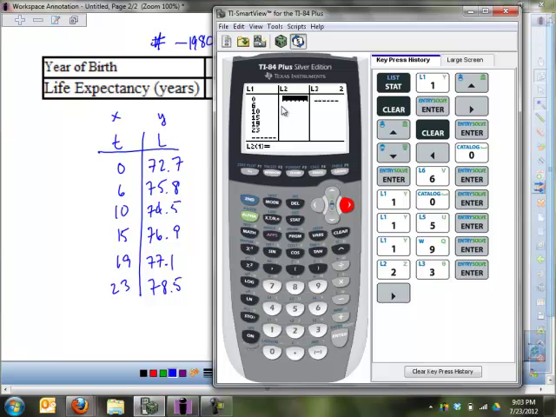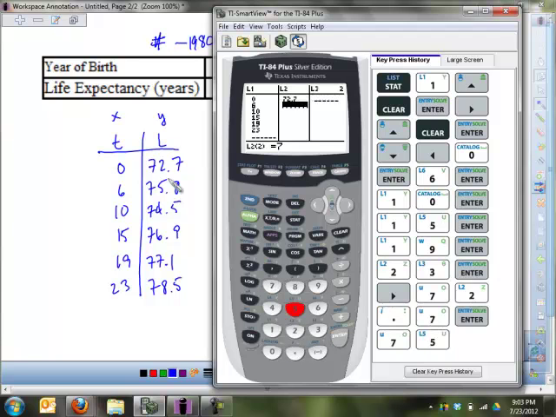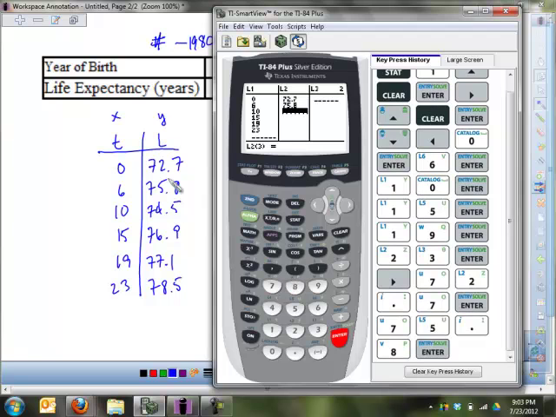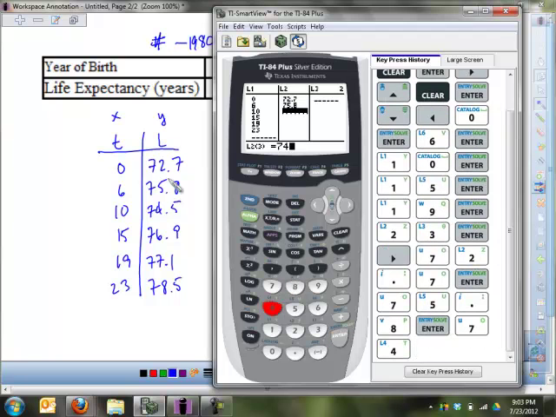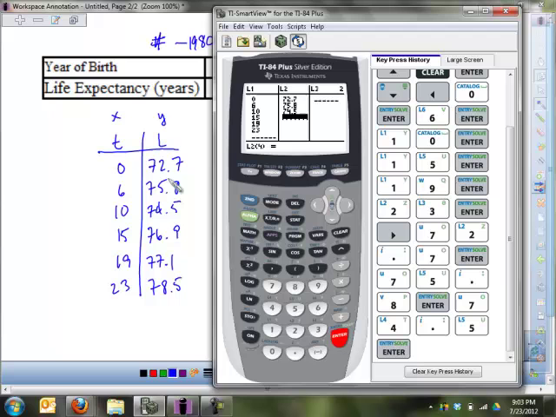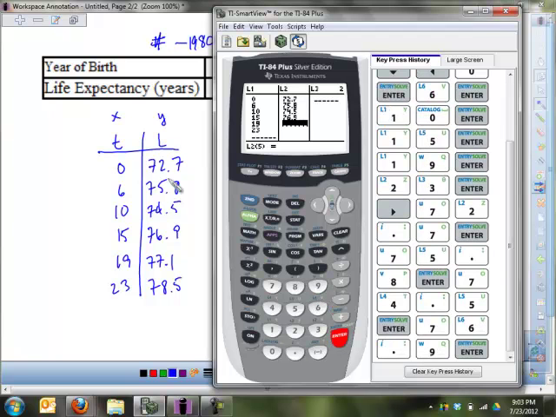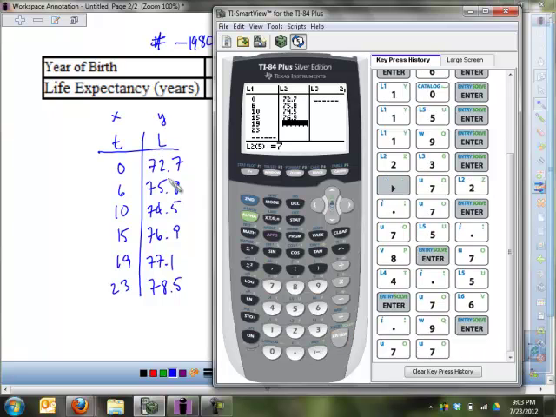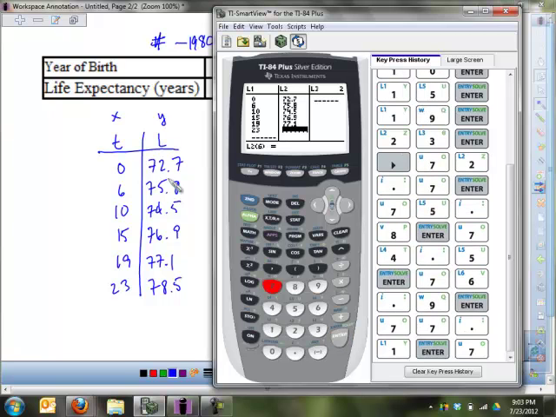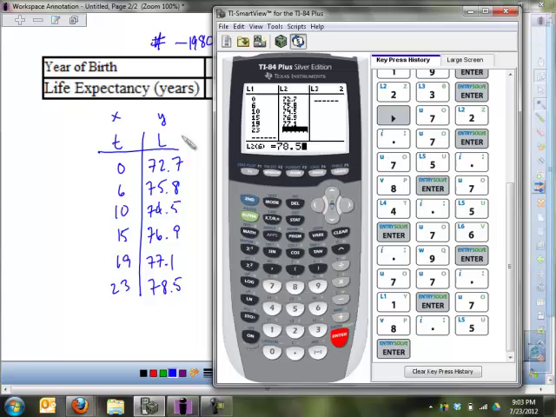I'll right arrow to L2 and put in the values there. 72.7, 75.8, 74.5, 76.9, 77.1, and 78.5.